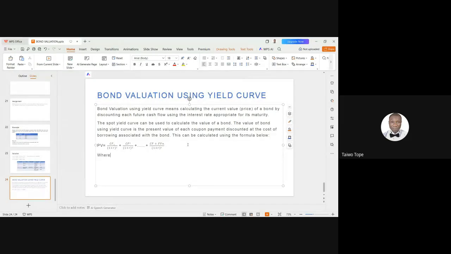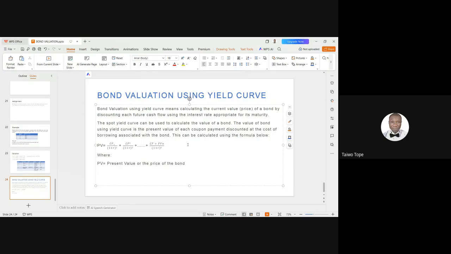Define the formula, where PV is present value. Please take note of this definition so that you will not see the formula as something strange. PV is the present value or the price of the bond.